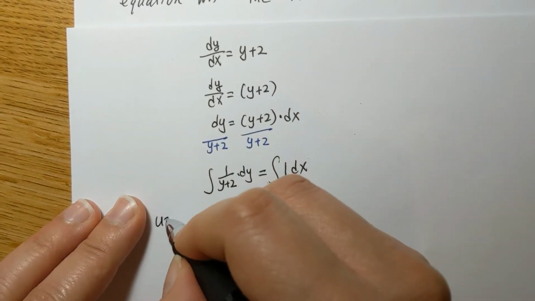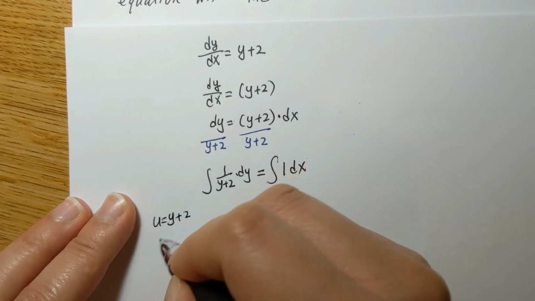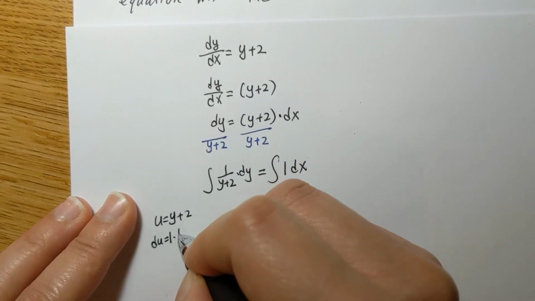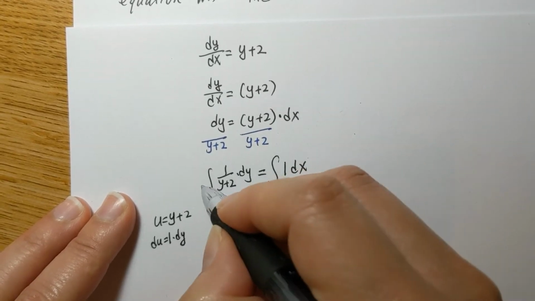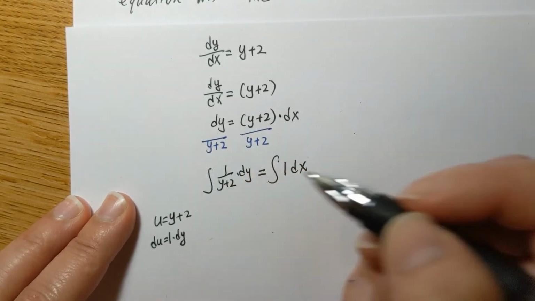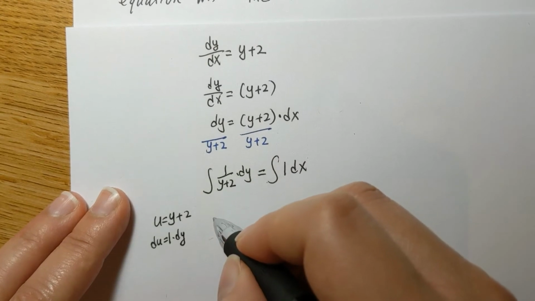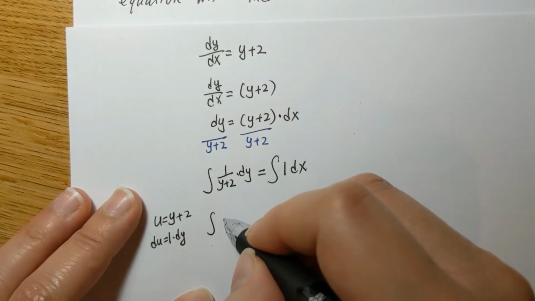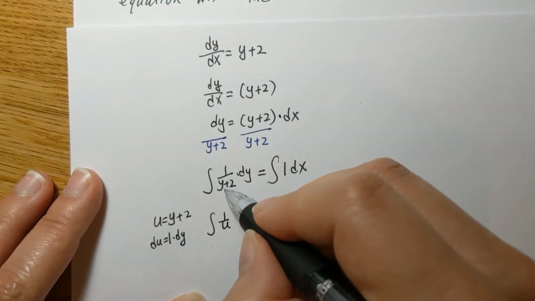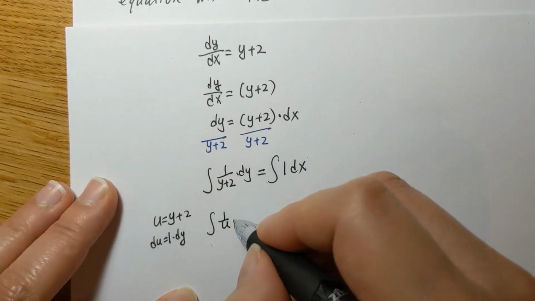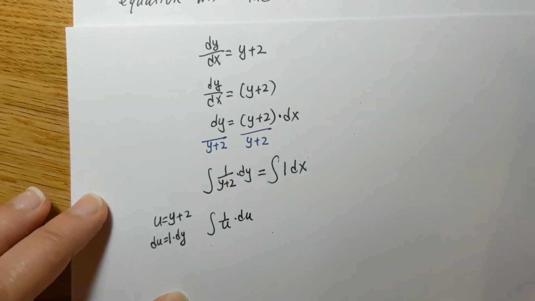So u equal to y plus 2, du equal to 1 times dy. Is it 1, then you don't need to multiply, because times 1 and then multiply 1 over 1 is the same thing. So now I'm going to write it, 1 over u, because this is going to be u to negative 1, times du.